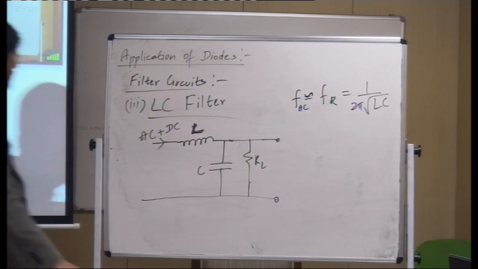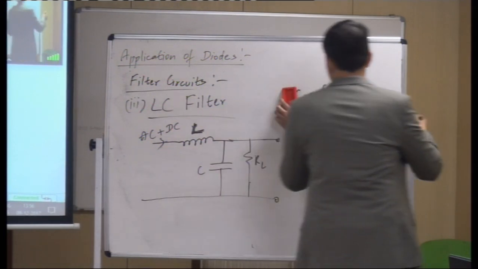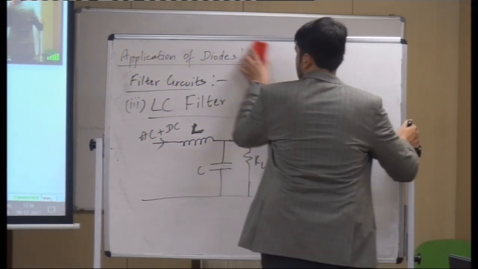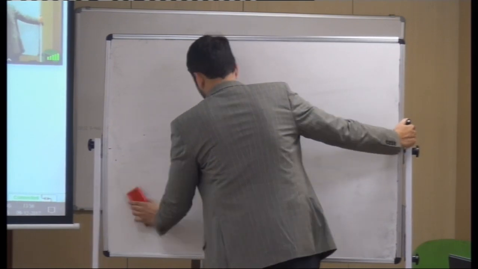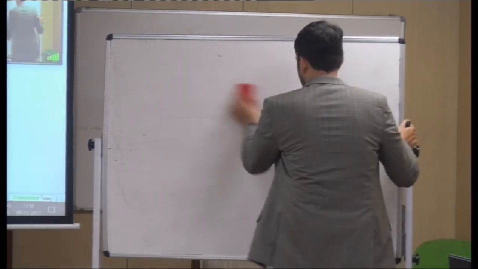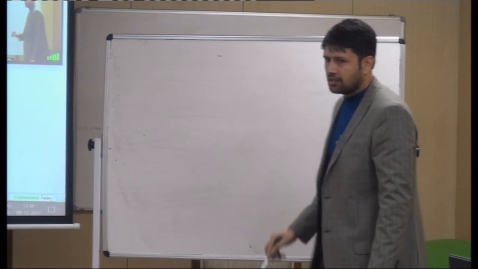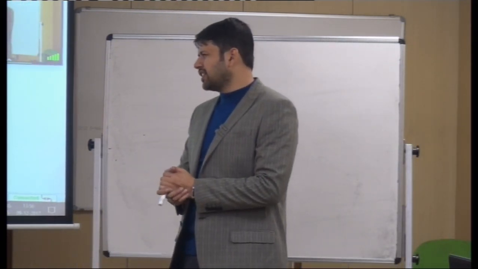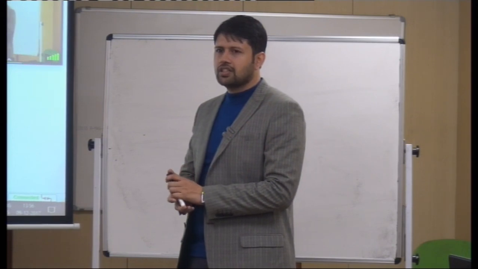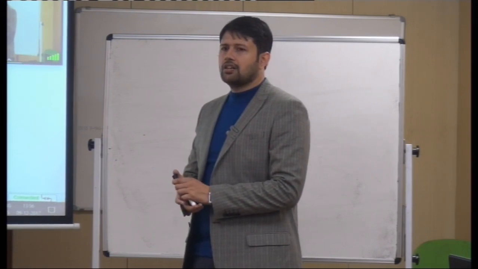Correct? Shall we do? Chalo. A question was asked on this LC filter, and I don't remember the year. I think it was 13 or 14, in which the range of values of the capacitor was asked.